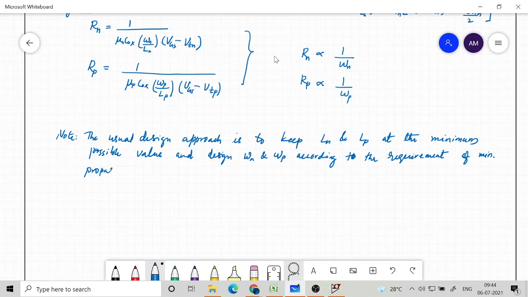So we vary the delay by varying Wn and Wp. We don't vary Ln. Ln is kept at the minimum value.